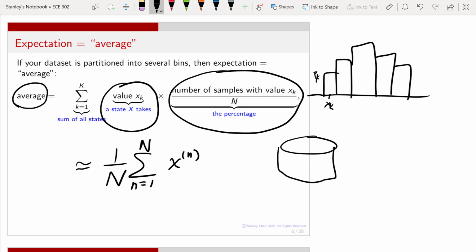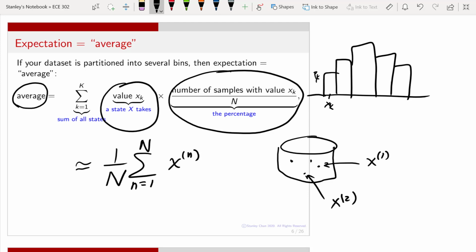Well, let's say this is your data set that you have all these data samples. I put a superscript of 1, a superscript of 2 to denote these are the first sample, second sample, and so on. So this is the normal notion of average. You just add all these numbers up. You divide by the total number of samples. That will give you the average.